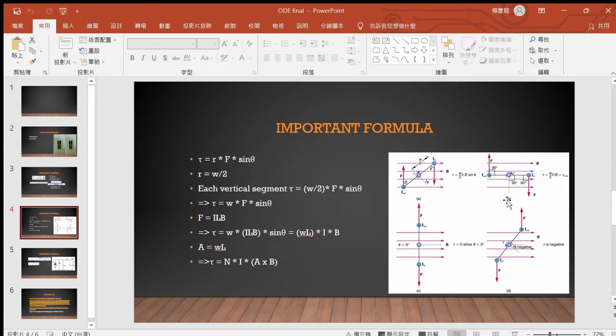Those vertical forces are equal in magnitude and opposite in direction, so they also produce no net force on the loop.